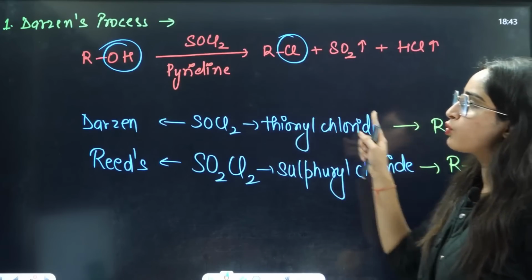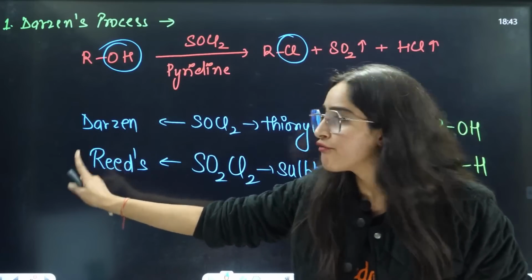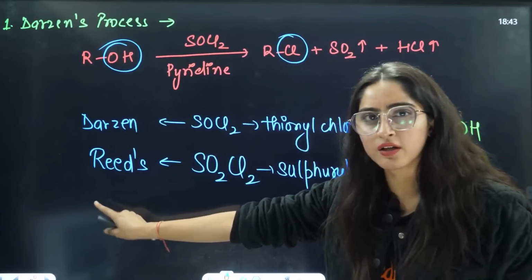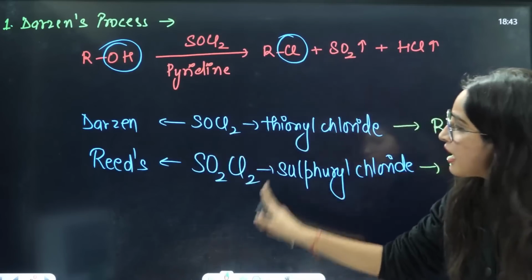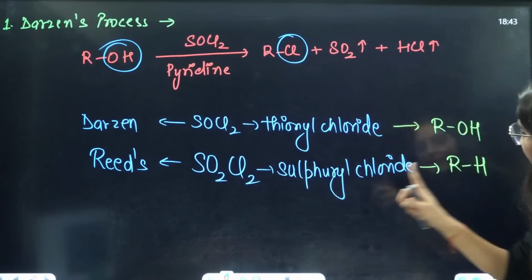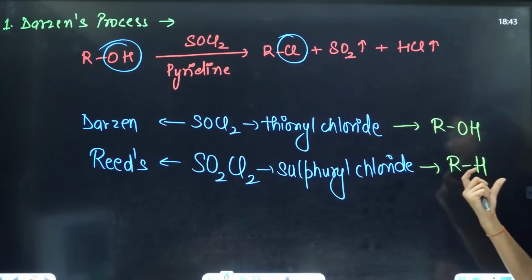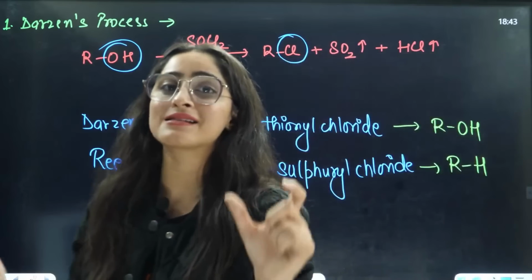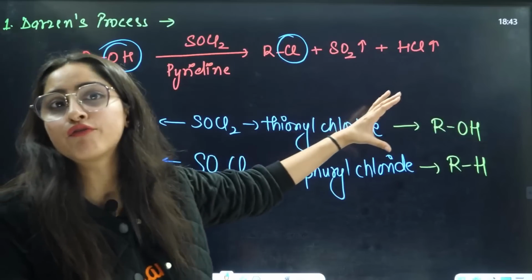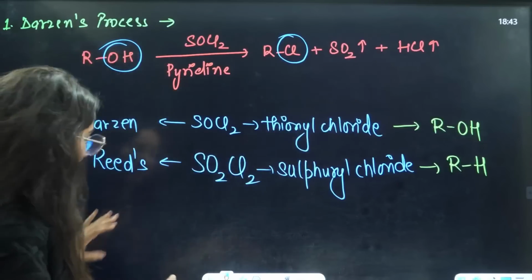Thionyl chloride is used in Darzen reaction where the reactant is ROH. But in Reed's reaction, there is a little difference, right? We use sulfuryl chloride, which is SO2Cl2, and here the starting reactant is hydrocarbons, that is alkane, not alcohols. That is a very slight difference between Reed's and Darzen reaction.